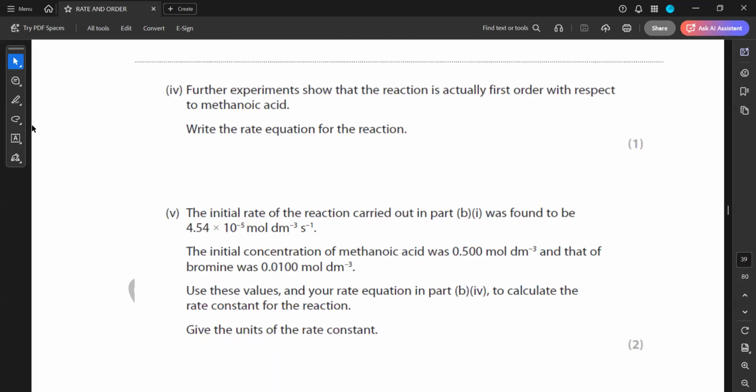Further experiment shows that the reaction is actually first order with respect to methanoic acid. So what will the rate equation be? Rate equals k times the concentration of methanoic acid times the concentration of bromine, because it was first order with respect to bromine and first order with respect to methanoic acid.